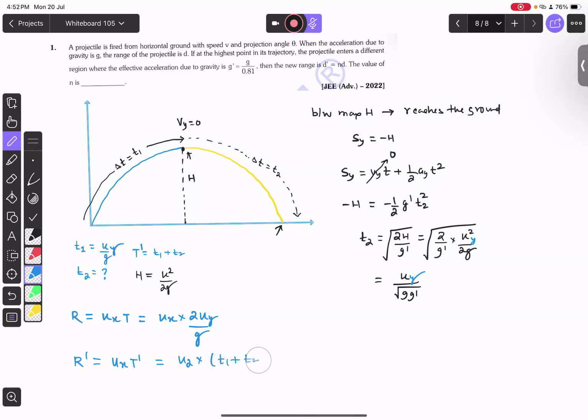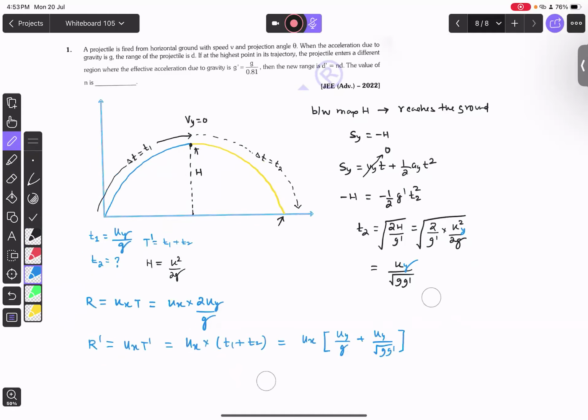t1 we know how much t1 is. I'll write it nicely, just a moment. ui by g, which is u sine theta, but I'm writing it as ui. So we get ux into t1 plus t2, and that is going to be ux into ui by g plus ui by root g into g dash, correct?